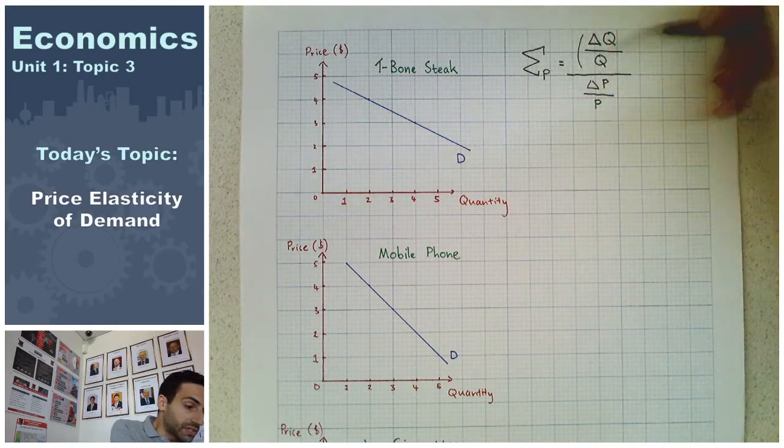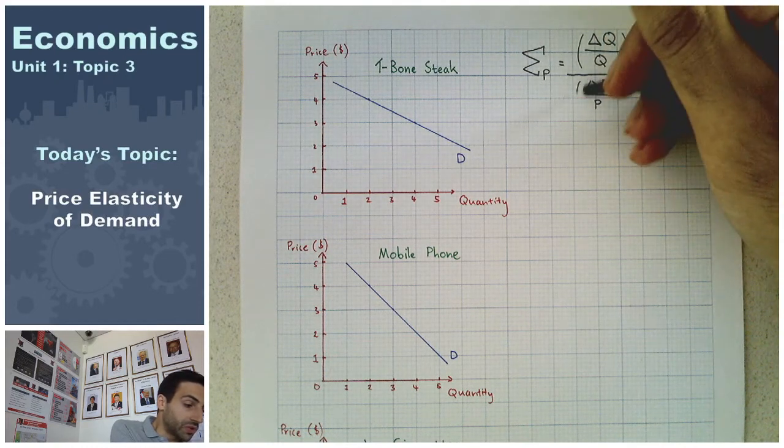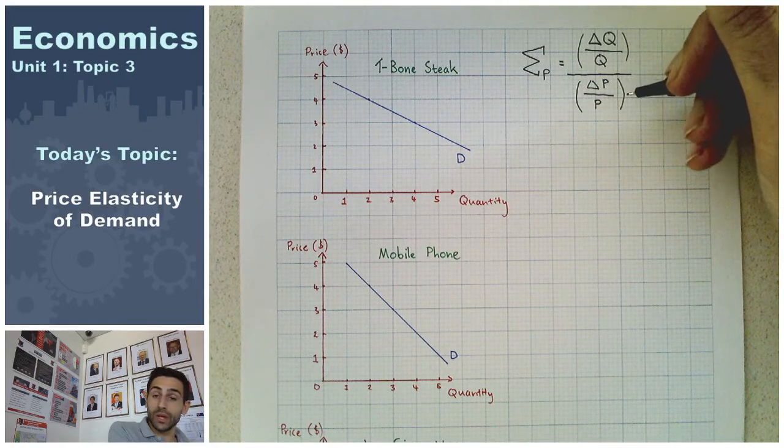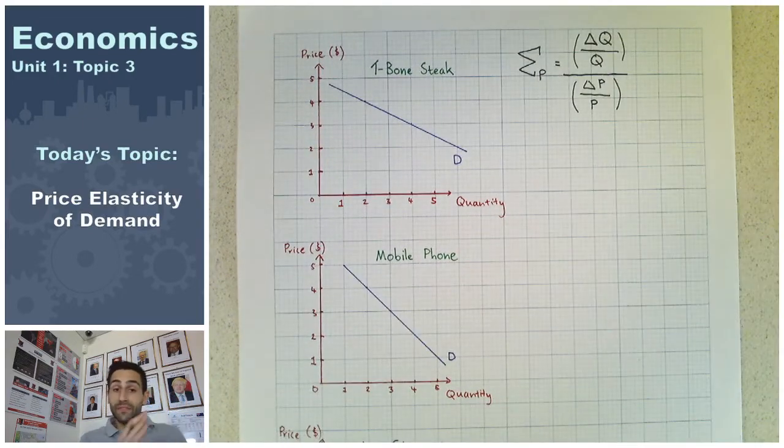Might put these in brackets so that you solve those first before you divide quantity by price. This formula is going to spit out a price elasticity coefficient, and we'll analyze those coefficients in a sec.